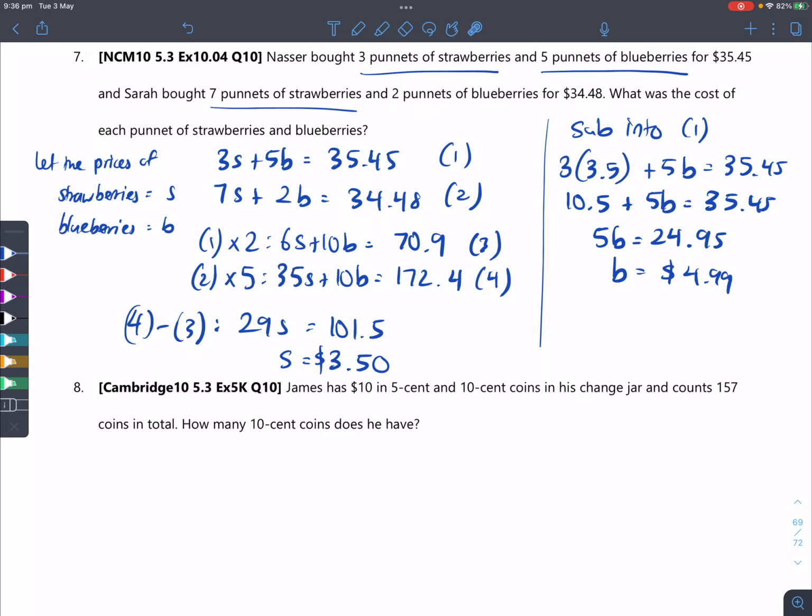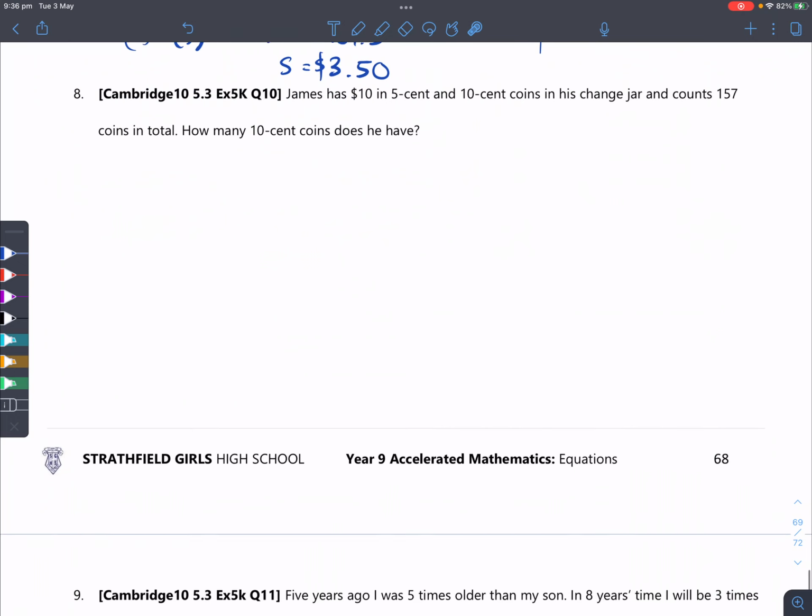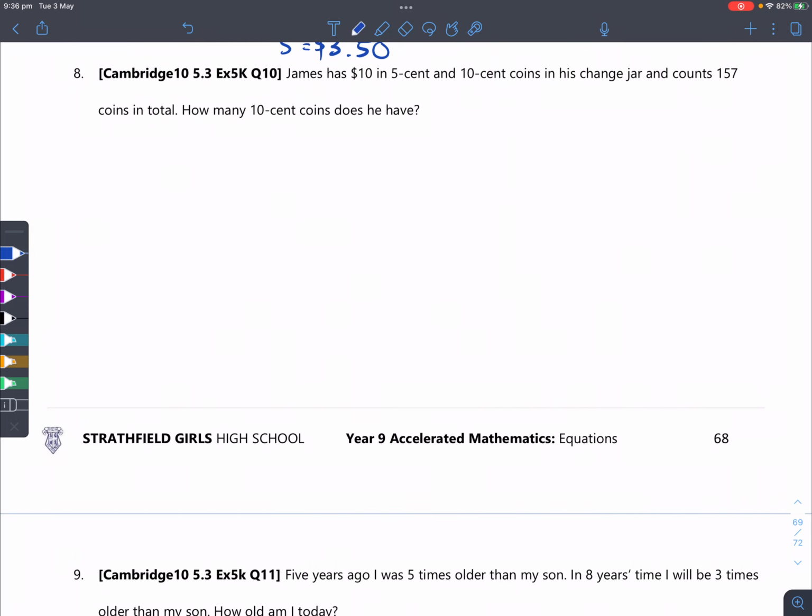Okay. Right. Question 8. Let's move on. So for question 8, James has $10 in 5-cent and 10-cent coins in his change jar and counts 157 coins in total. How many 10-cent coins does he have? Okay, so the thing that's missing is how many of these 5-cent coins and 10-cent coins he has.